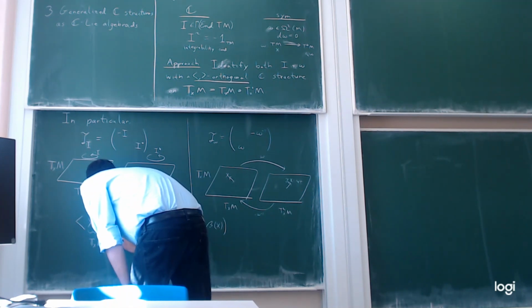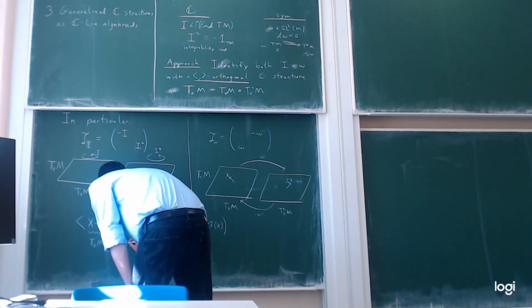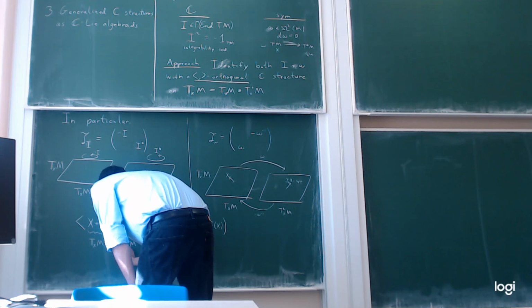That is, X is a tangent vector, and alpha is a covector.